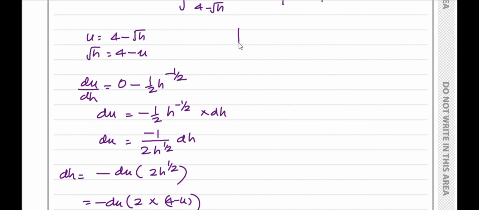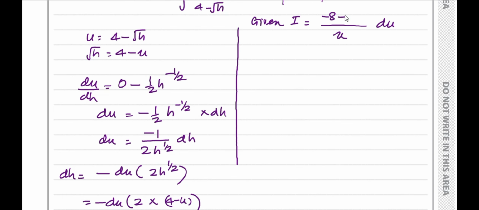So let's make some space here. The given integral I will be equal to, in the denominator it's going to be u, here it should be du, and we have minus 8 plus 2u here with the integral sign.